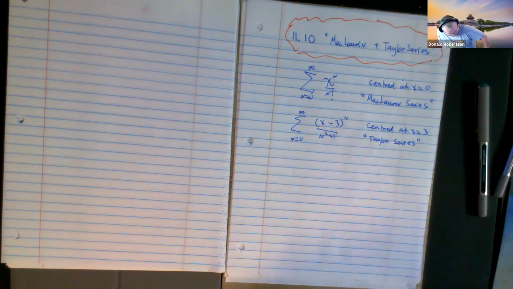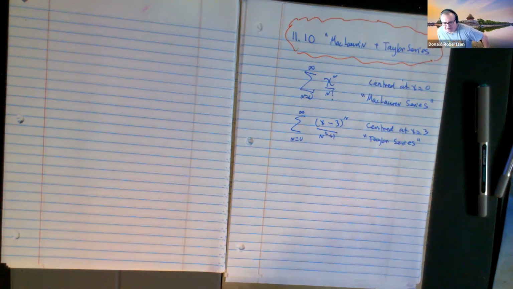And when it's written this way, it's called a Taylor series. In fact, isn't a Maclaurin series just a Taylor series centered at x equals 0? So it's not that they're two different kinds of series, aren't they just the same series? One is a special case of the other.